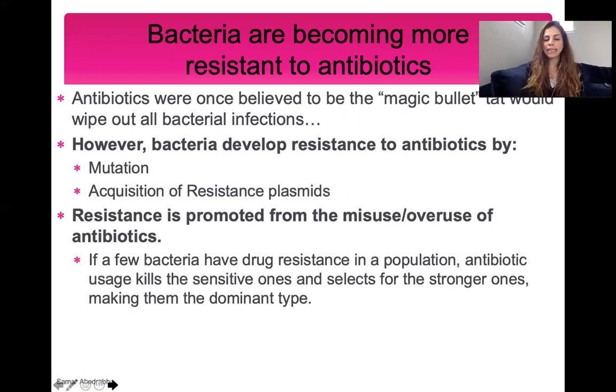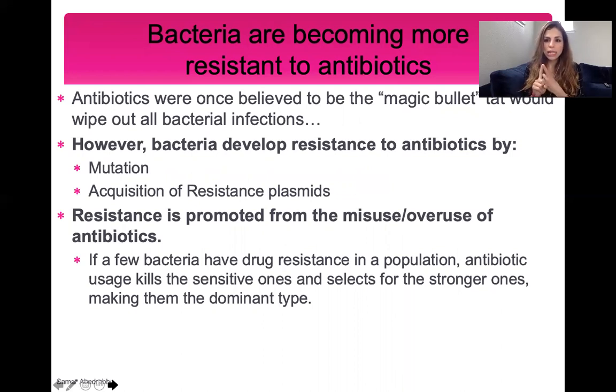In the past, antibiotics were believed to be the magic bullet that would wipe out all bacterial infections, because we saw in the beginning that they were excellent drugs, curing all these deadly bacterial infections. But with time, as many of you know, bacteria are developing resistance to antibiotics. Bacteria can develop resistance, meaning the antibiotic doesn't work any longer, in two ways.